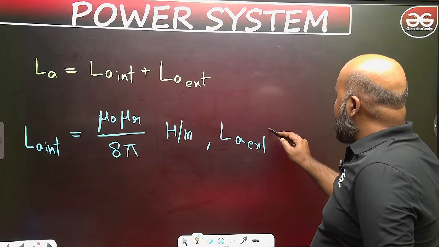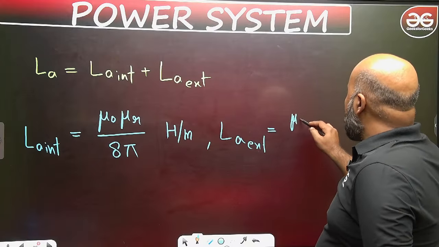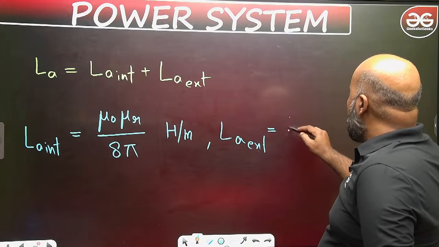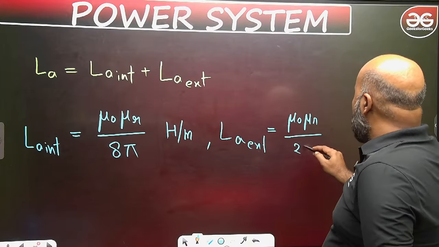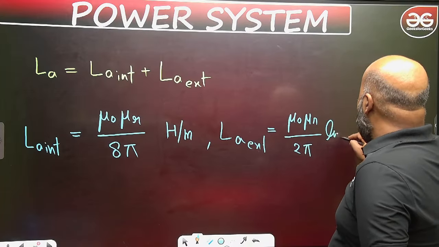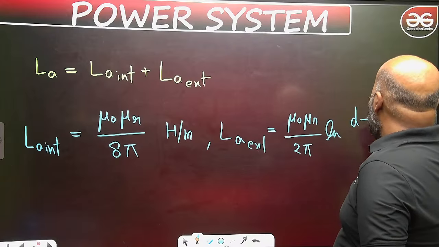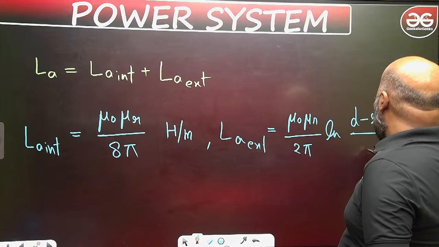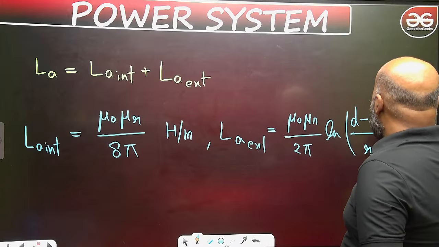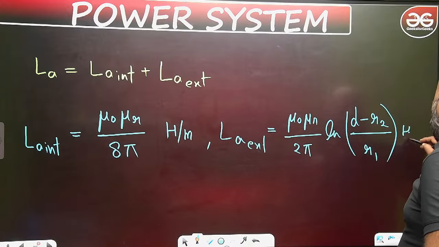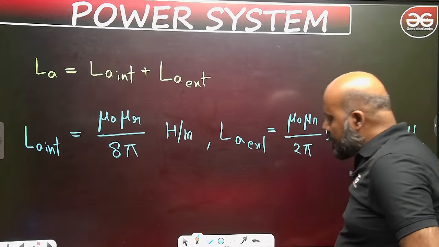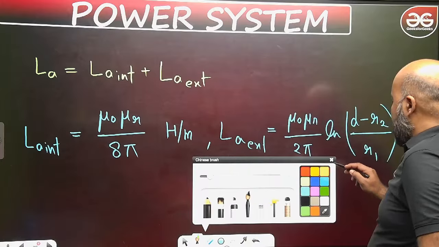So the inductance because of the external flux linkage comes out to be mu naught mu r upon 2 pi, and this is ln of (d minus r2) upon r1, and this is again Henry per meter.